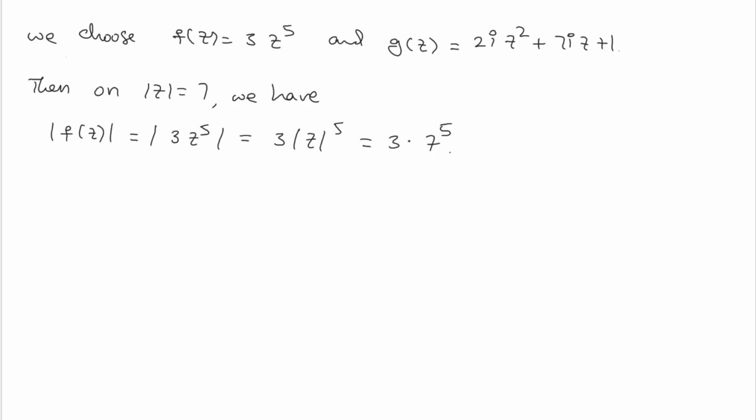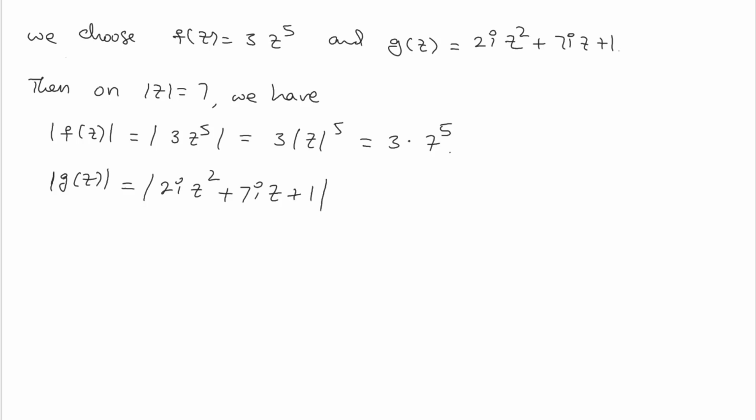Whereas the absolute value of the function g of z is the absolute value of the polynomial 2i times z square plus 7iz plus 1.